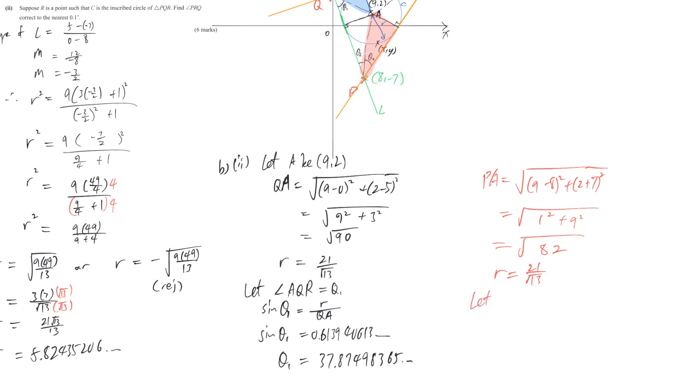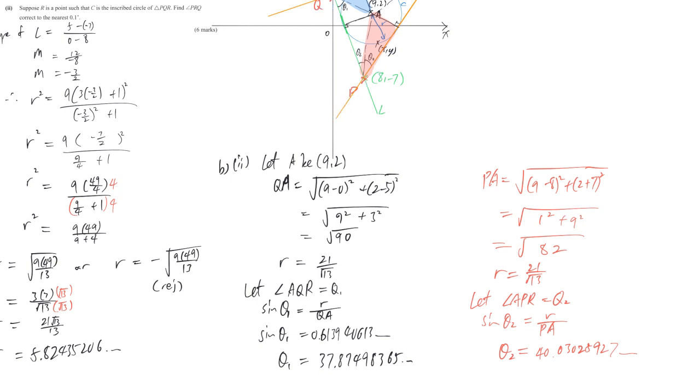We let angle APR equal theta 2. Sine theta 2 is equal to the radius divided by PA, so we just use our calculator. Finally, we get theta 2, which is 40.0302592 something.